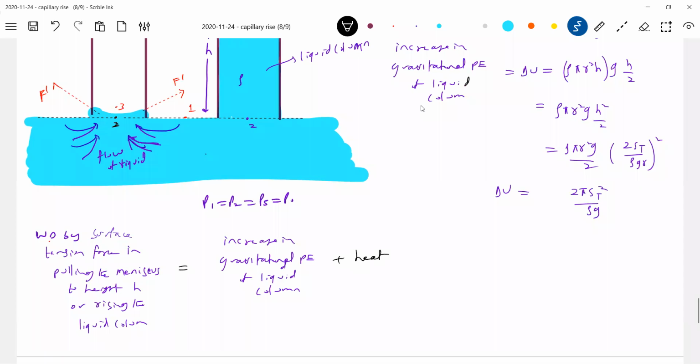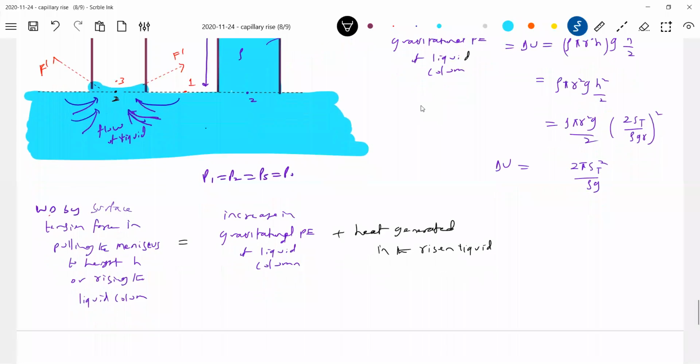Plus heat generated. Where is the heat generated? Heat is generated in the liquid, not in the capillary glass tube, in the liquid only. Heat generated in the rising liquid, or better, the risen liquid.